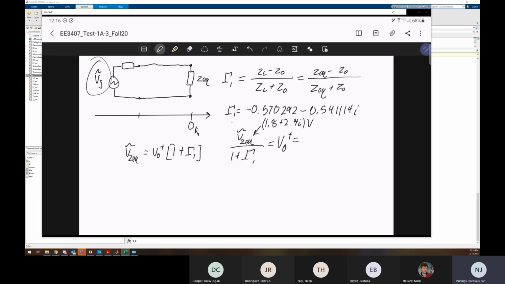I kind of like it. And we divide that by 1 plus our gamma 1. That should give us a surprisingly nice looking value. Let me know if you get this. I got minus 1.1 plus 4.2 I as V naught plus.